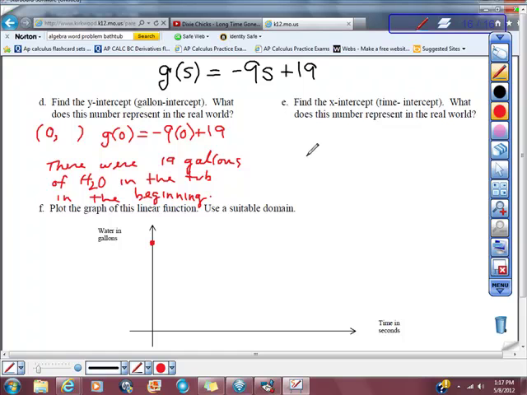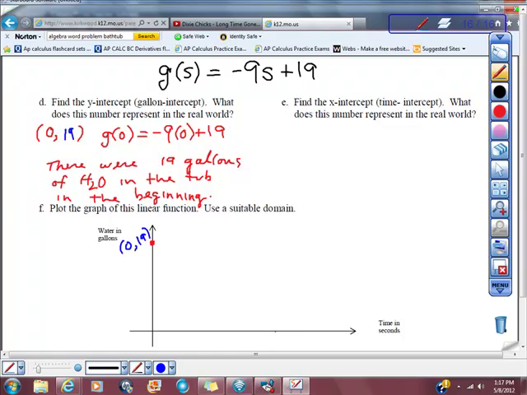But anyway, good job. So, question E says, find the x-intercept, the time intercept. What does this number represent? If we graph this, that would give us the point 0, 19 here.